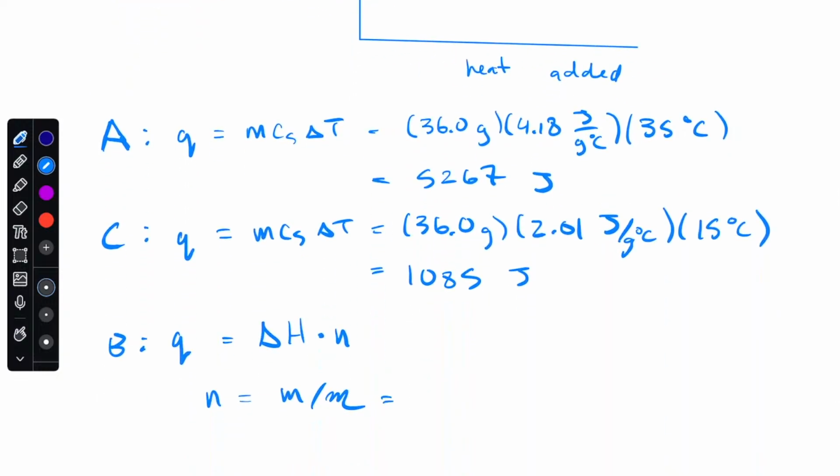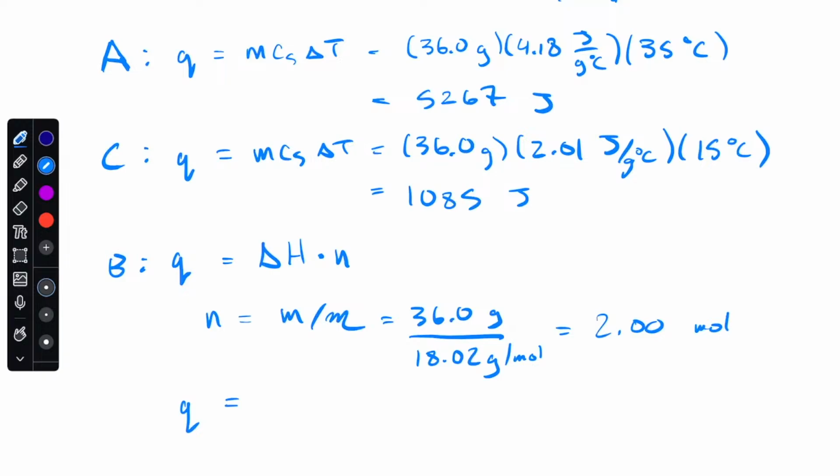Which maybe you've done water enough that you even know the number. Anyone know water off the top of their head? Yeah, it's like 18 or 18.02, which is 2 moles.